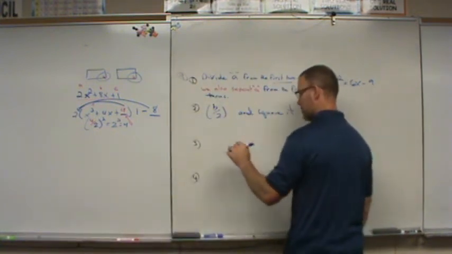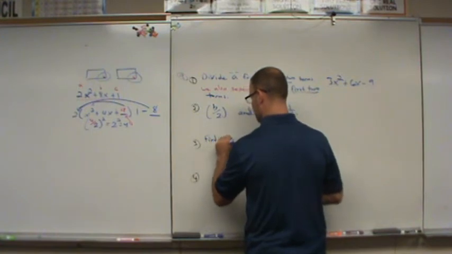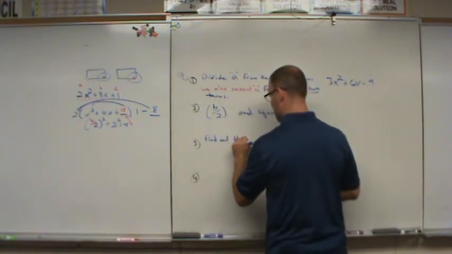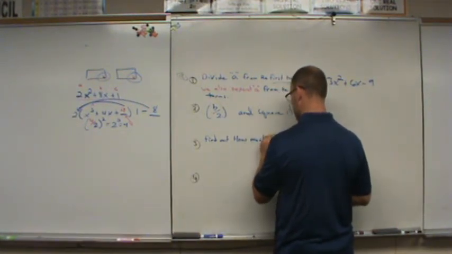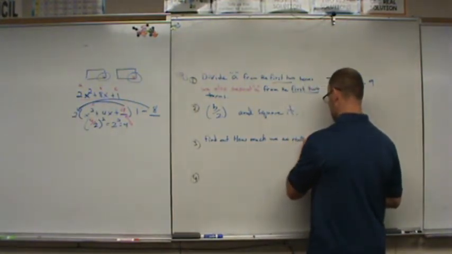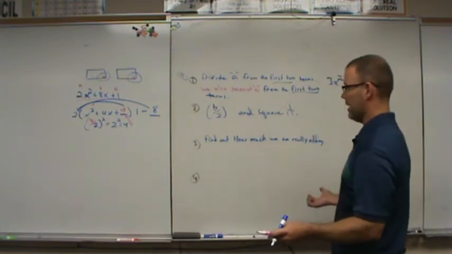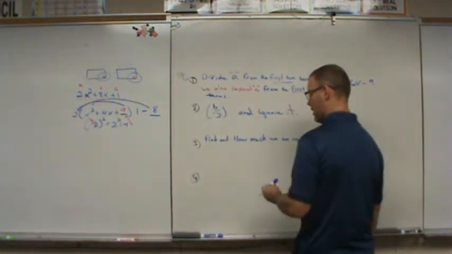So in a general sense, we need to find out how much we're really adding. That's the last number times the A value.